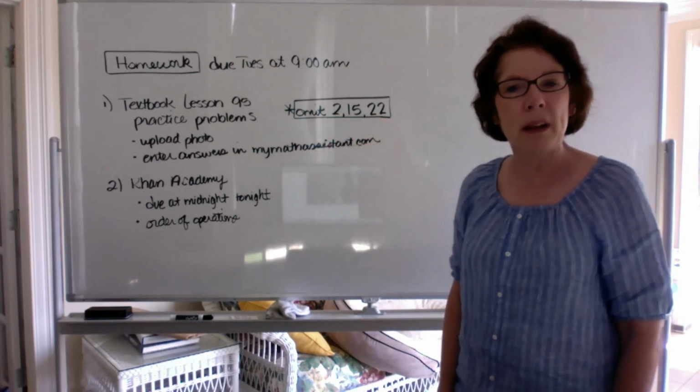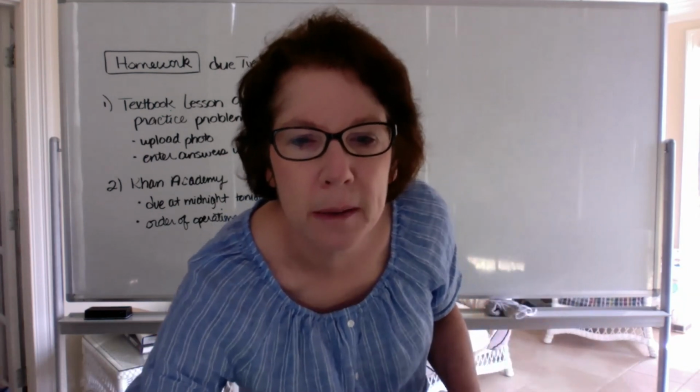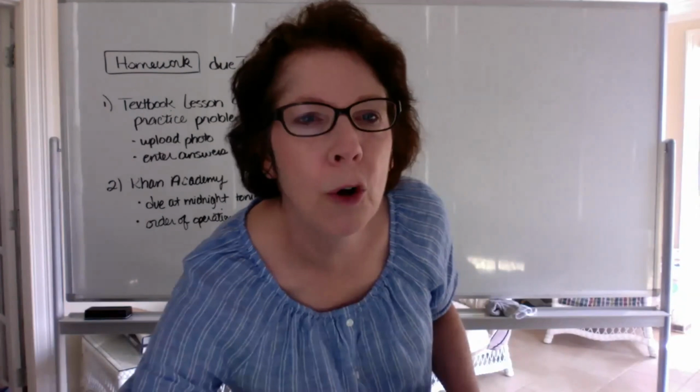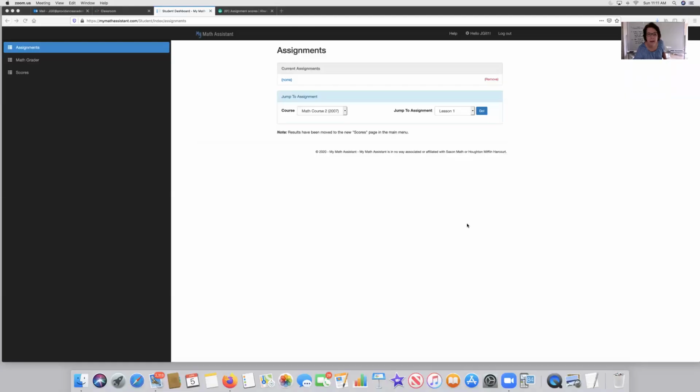Now, how are we going to do that? Well, let me go ahead here. I'm going to share my screen, and we're going to look at mymathassistant.com. So here we are, and I'm going to go to my assignments tab on the top left, and I'm going to go down and jump to assignment 95.